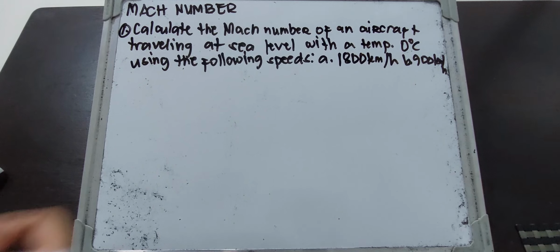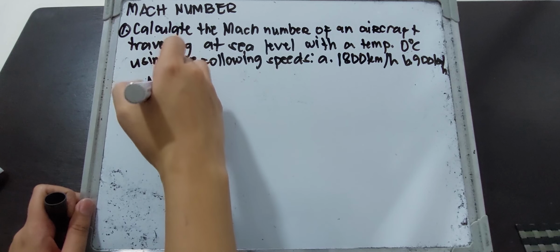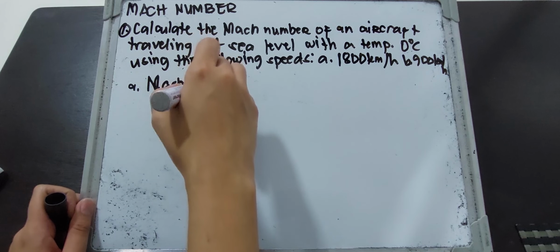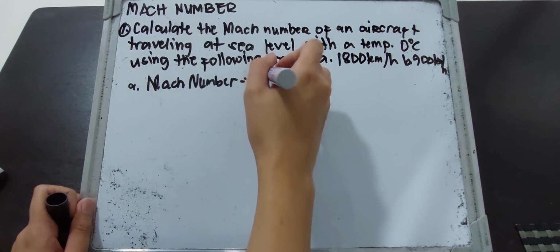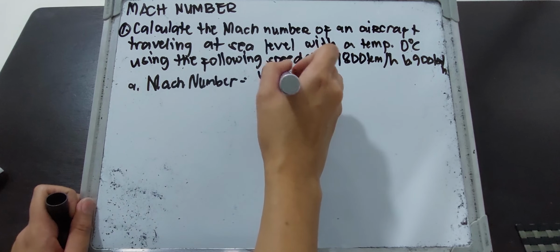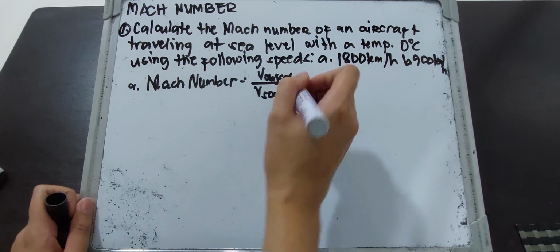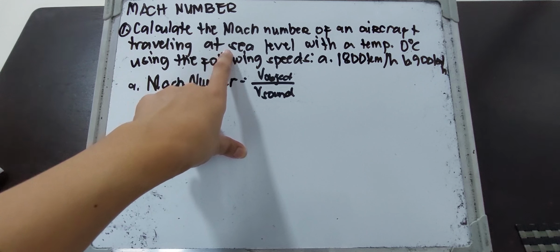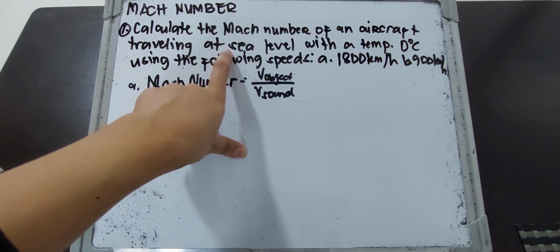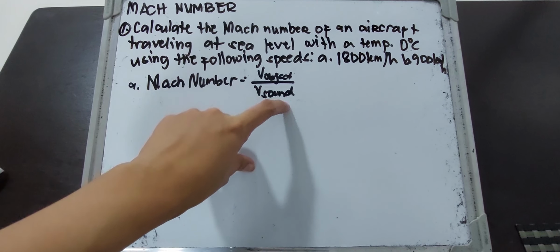So let us solve first for this one. And we know that Mach number is equal to the speed of an object or aircraft divided by the speed of sound. Since this is at sea level, we will assume that the atmospheric pressure is normal, because it is different when it is very high, the speed of sound changes.